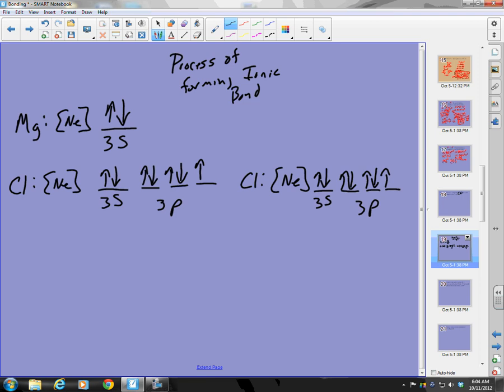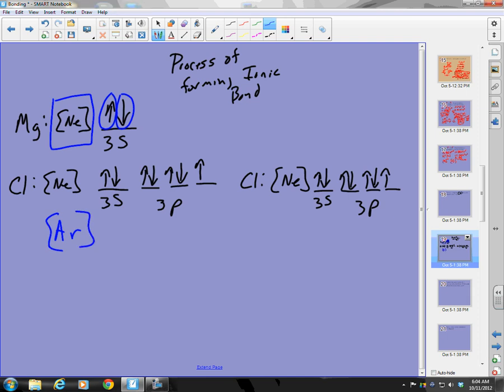Now you guys can see what happens, right? Magnesium wants to end up with a noble gas core. So it wants to lose 2 electrons, this electron and that electron. Chlorine, on the other hand, wants to have an argon core.